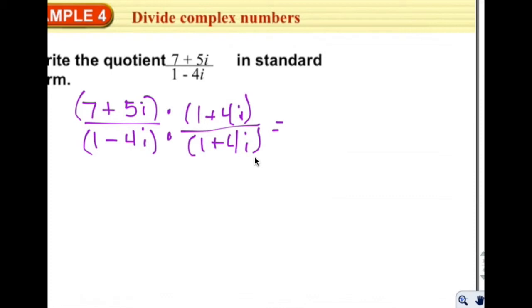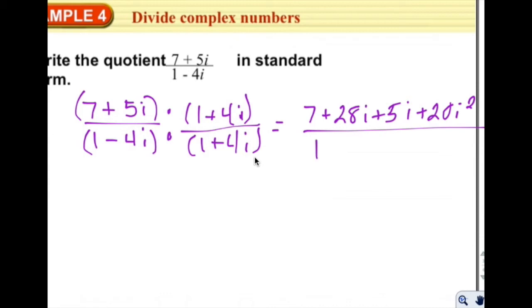So first I'm going to FOIL my numerator. The first terms give me 7. Outer terms give me plus 28i. Inner gives me plus 5i. And last gives me plus 20i squared. And that's all over my denominator. First term is 1. Outer term is 4i, inner term is negative 4i, and last term is negative 16i squared.